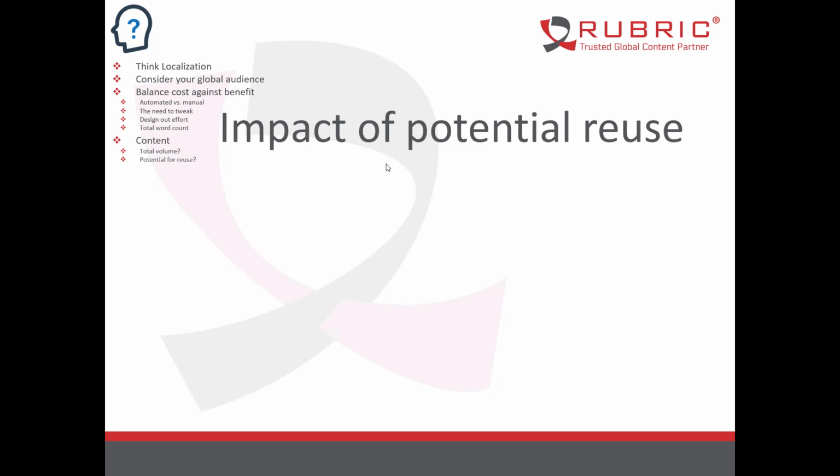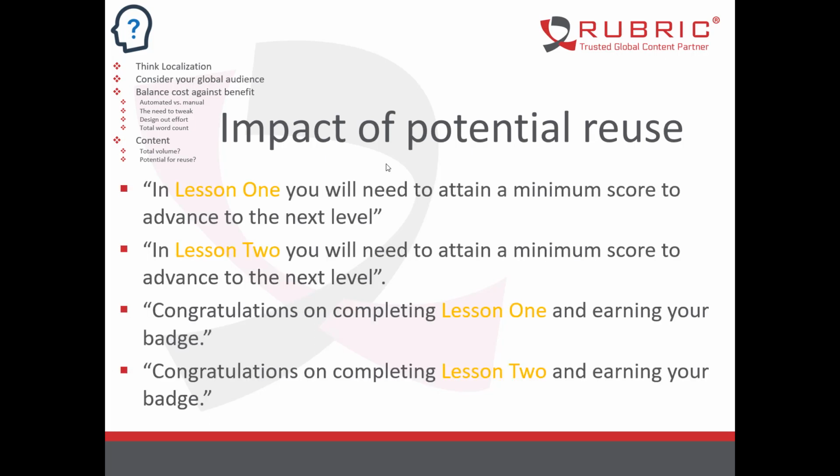Here are some examples from a series of lessons we worked on. There were around 40 lessons in total, and in each lesson, the narrator would say these lines. The top two are one example, the bottom two another. In every one, reference was made to the specific lesson number, lesson 1, lesson 2, and so on. But does every lesson number need to be spelt out?